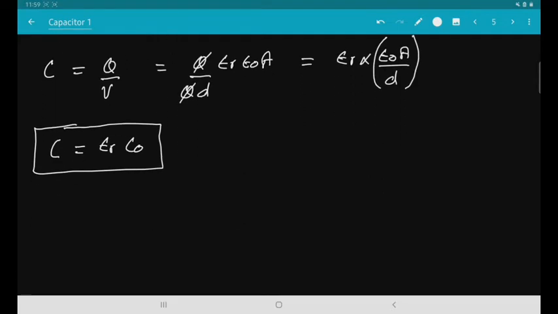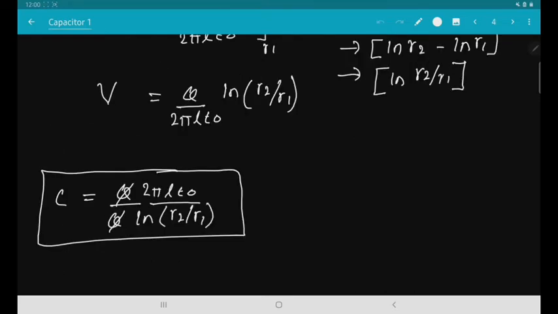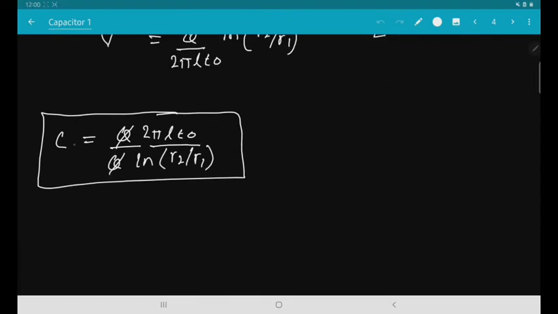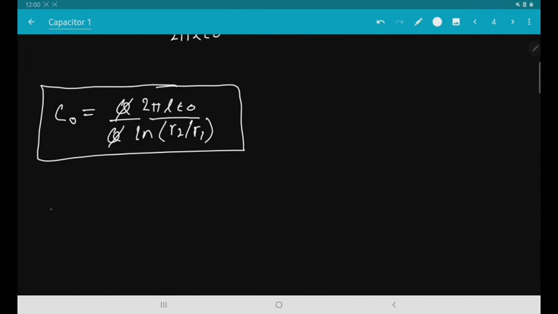Same way we can write the equations for the spherical capacitor. For the spherical capacitor we will have epsilon r into C naught, where C naught is for vacuum. Same way we can write for cylindrical capacitors as epsilon r into C naught. So in presence of a dielectric fully occupying the space, the equation will become 2 pi L epsilon naught epsilon r divided by log of R2 by R1.